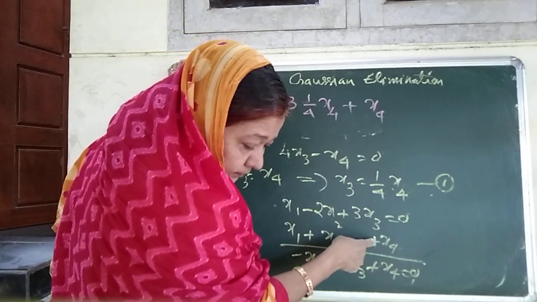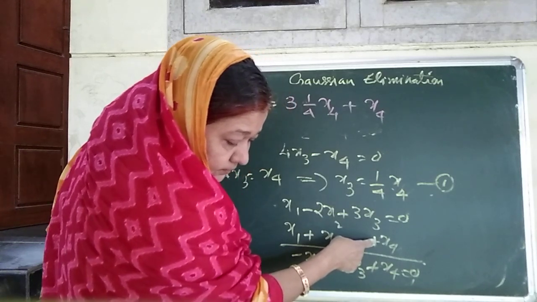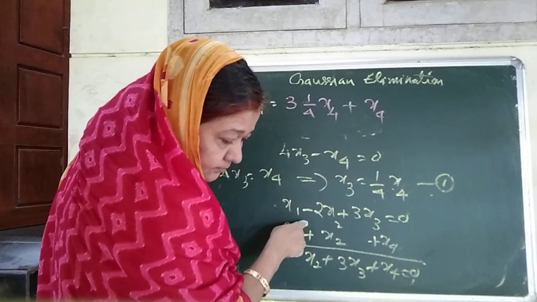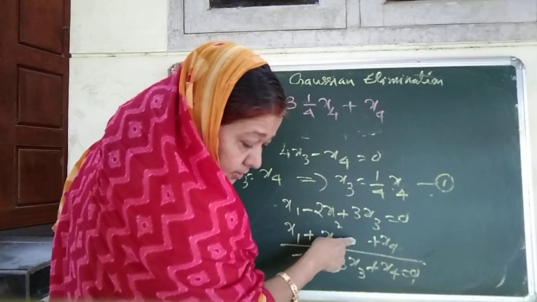And also x1 minus 2x2 plus 3x3 equal to 0.